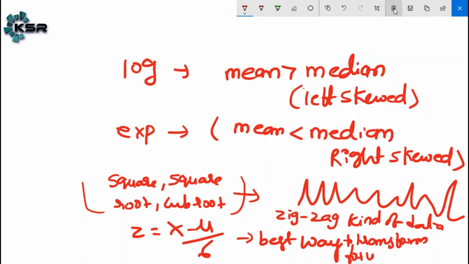Best way to transform for unknown data. These things we are going to use in the next coming chapter. This is all about the normal distribution.